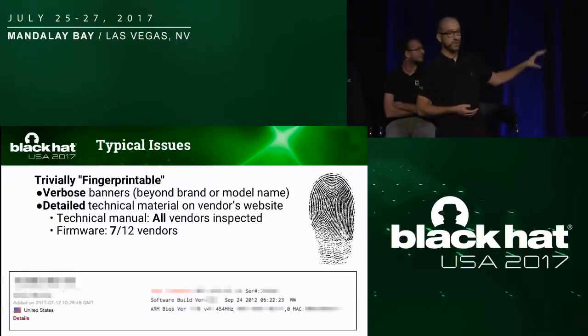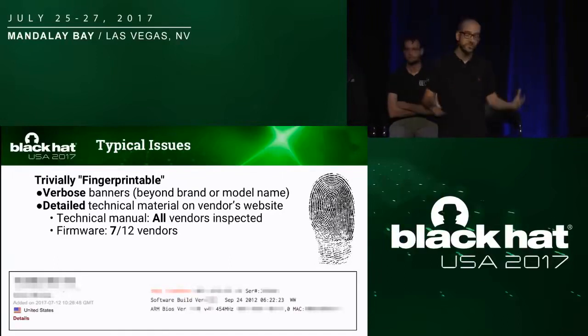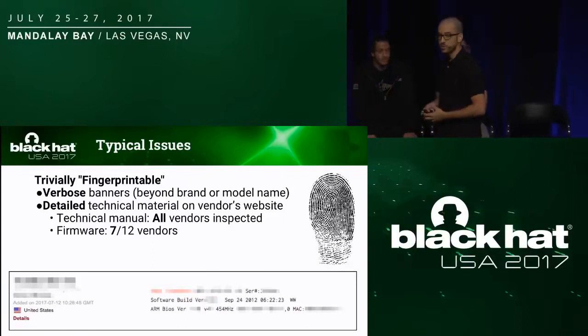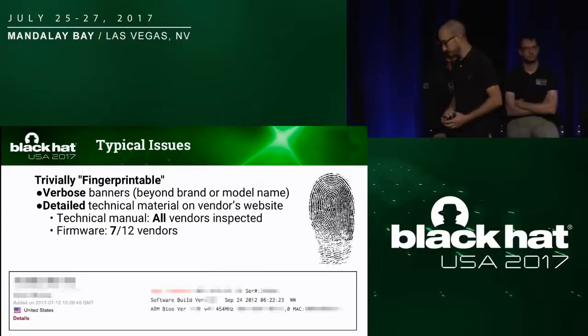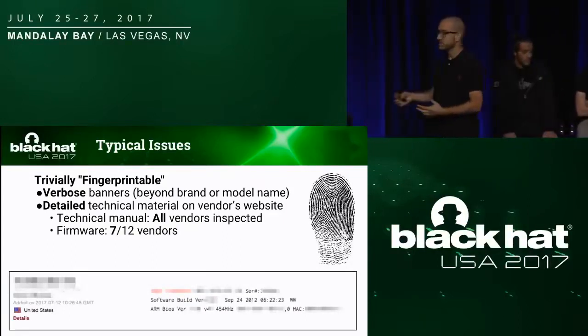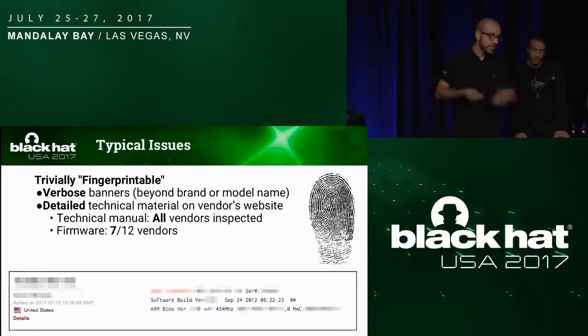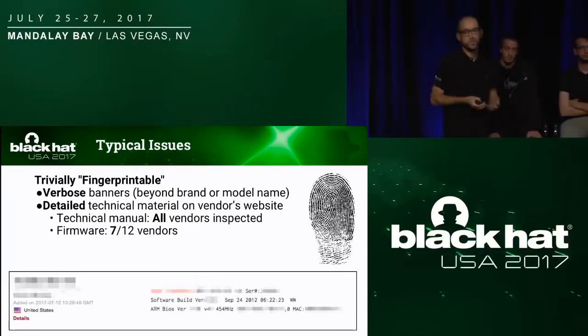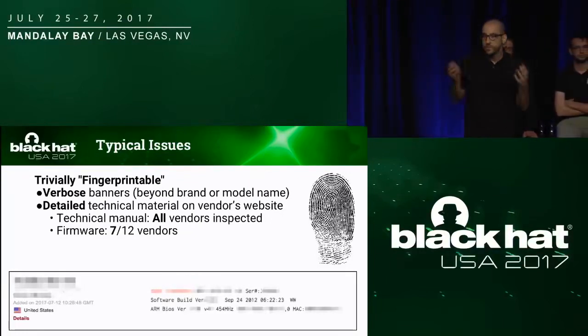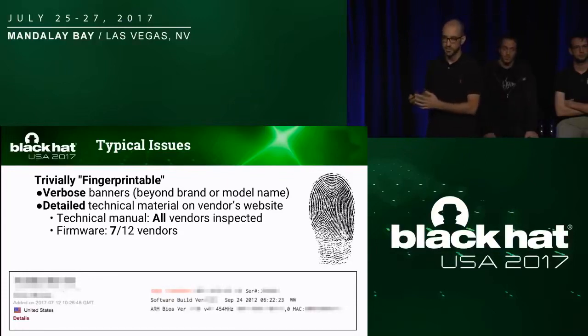What you see at the bottom there is probably an extreme example of a vendor that thought it was a good idea to expose a very verbose network banner. And this is actually common among these vendors, to announce details in the network banner. Generally, this is not even a vulnerability. If you talk to the vendors, you can tell them that there is an info disclosure kind of vulnerability, but it's not an extreme case of vulnerability.